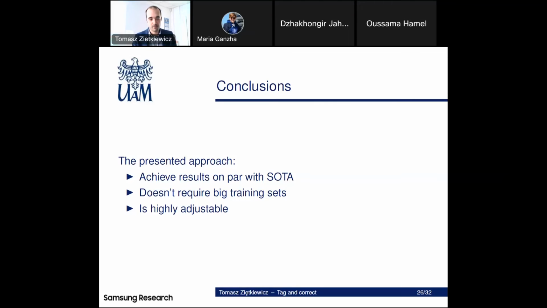But we can fine-tune it in many ways. So when the tagger returns an edit operation, it also returns a score. So we can, for example, set some threshold for the score and say that we just don't apply the edit operations with a score lower than some threshold. Or we can filter out some set of edit operations if we see, for example, that the model is not good enough in predicting these specific edit operations.